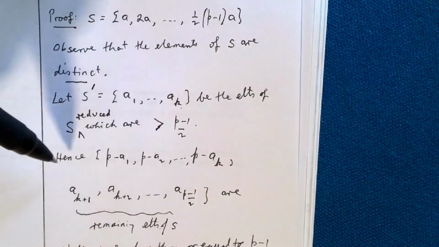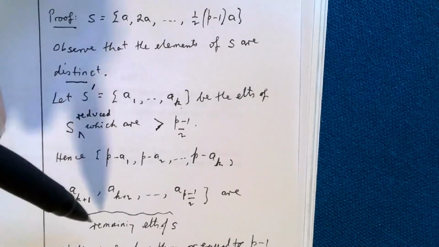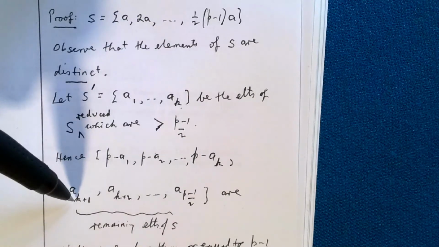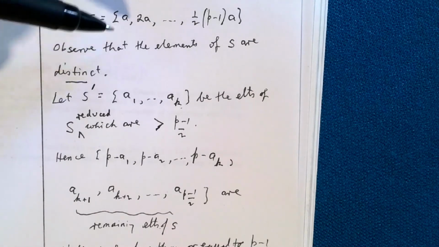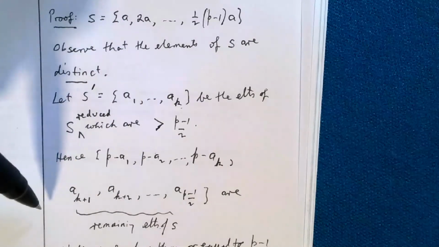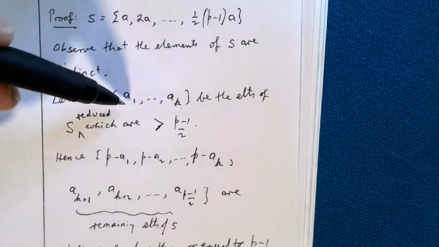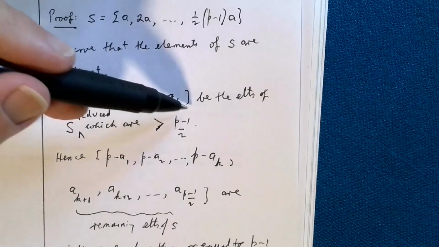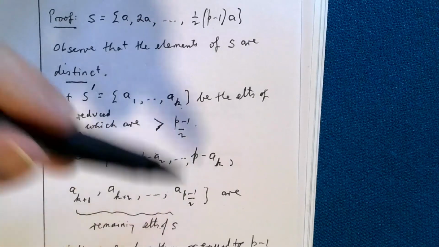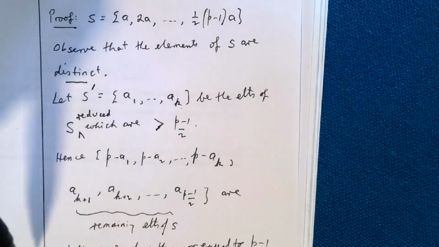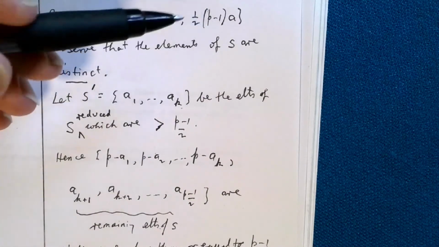And then I take the ones in here that are the remaining elements. I take these ones that are the remaining elements of S. That is, these are the ones that were in S reduced that were less than or equal to (p minus 1)/2. Okay, so a_1 up to a_k are the numbers bigger than (p minus 1)/2. a_(k+1) up to this, in some order, are the remaining elements that are less than or equal to (p minus 1)/2.